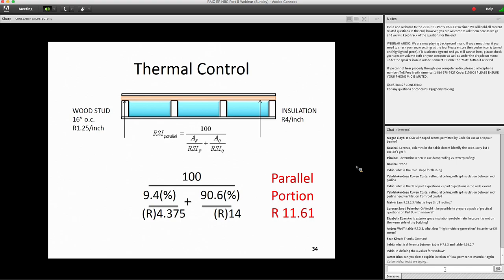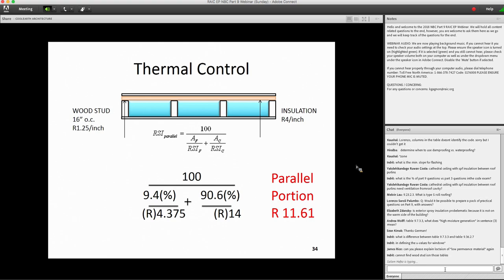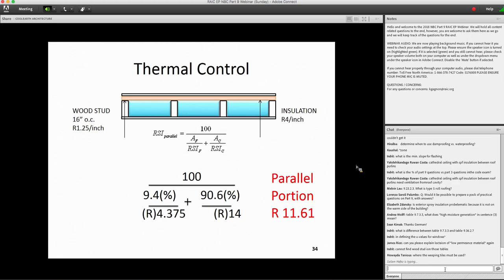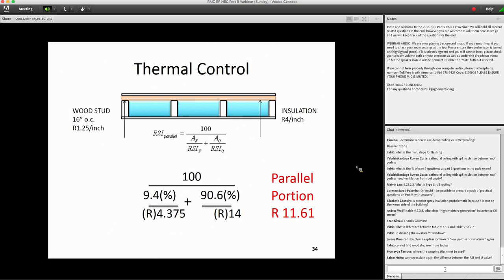Okay, I'm reading the questions. Can we please go through the example on page 9593? Oh, this is RSI. So I should repeat the questions, right? Can we please go through the example on page 9593?